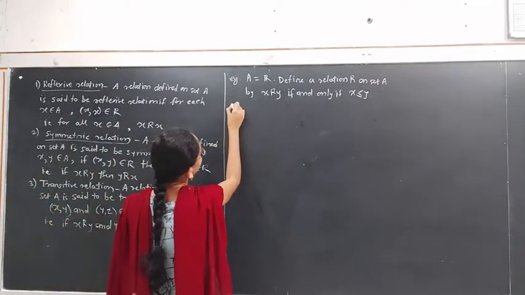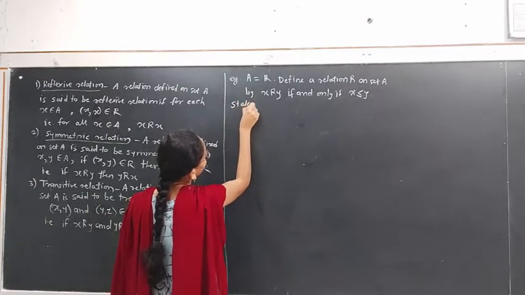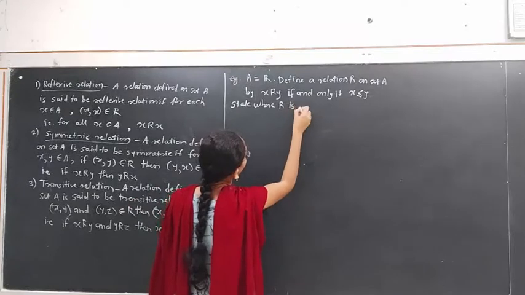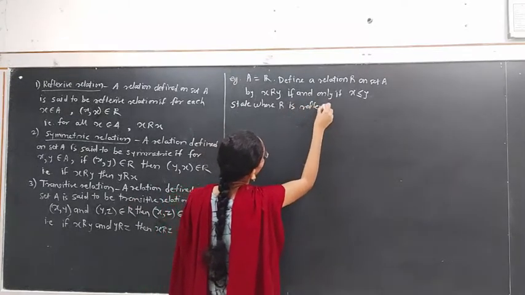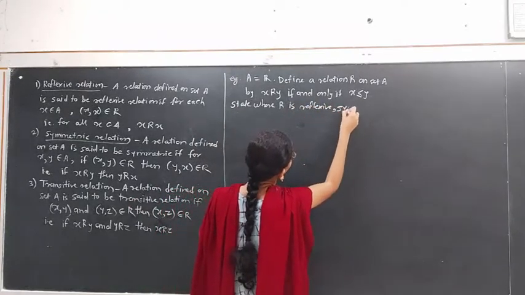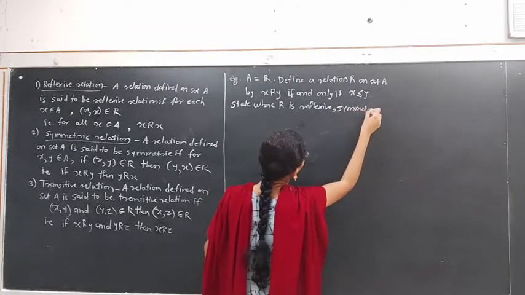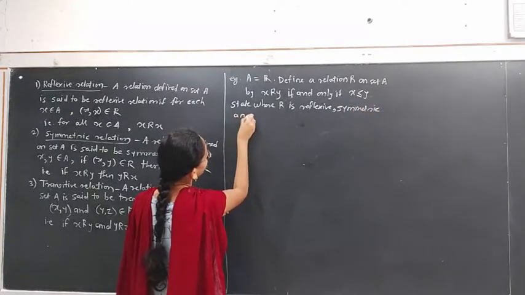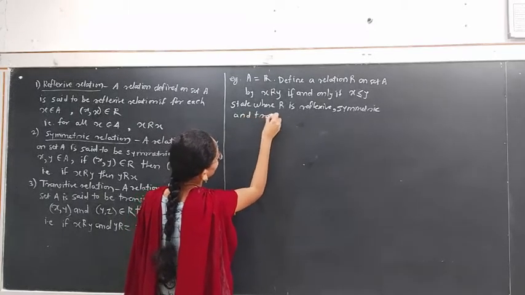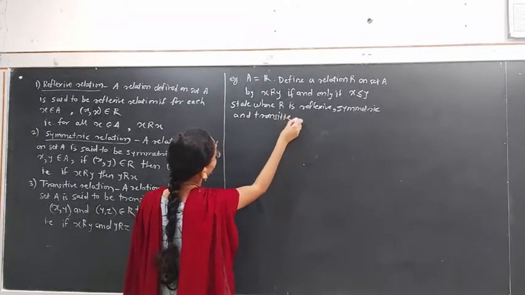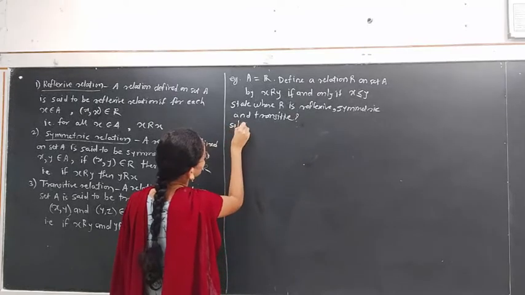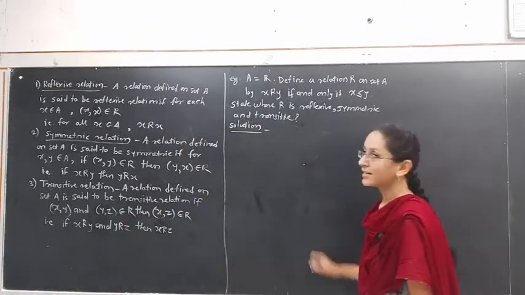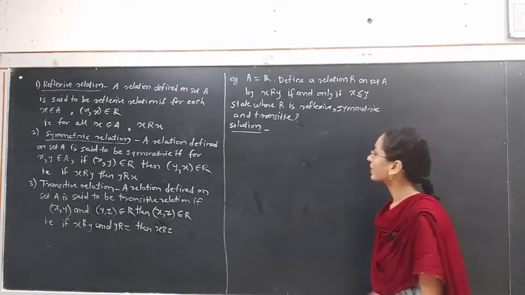State whether R is reflexive, symmetric, and transitive. Solution: it is given that A is the set of real numbers.